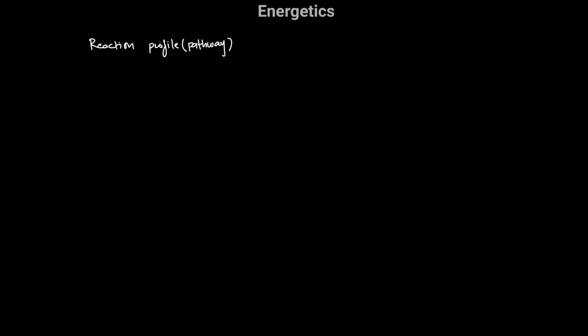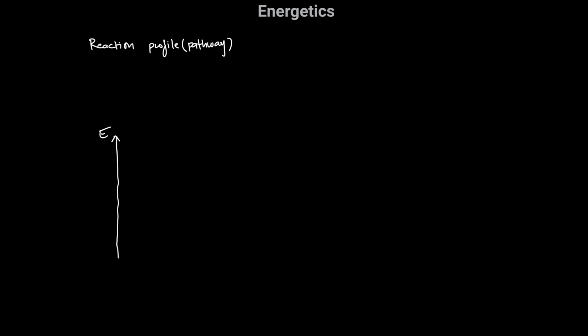On the y-axis we have energy. Sometimes you're going to see enthalpy, so you can say enthalpy or energy. For now we'll just write energy, but sometimes you'll see the symbol capital H, which is enthalpy. We're looking at enthalpy and energy as the same thing in our AS course.